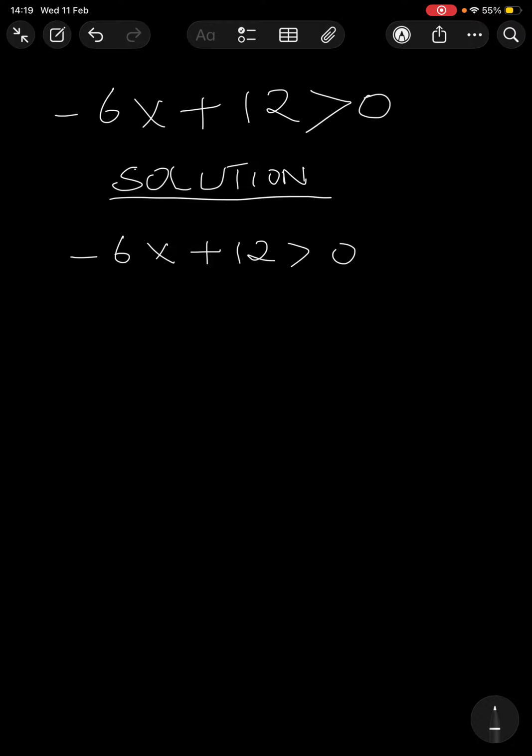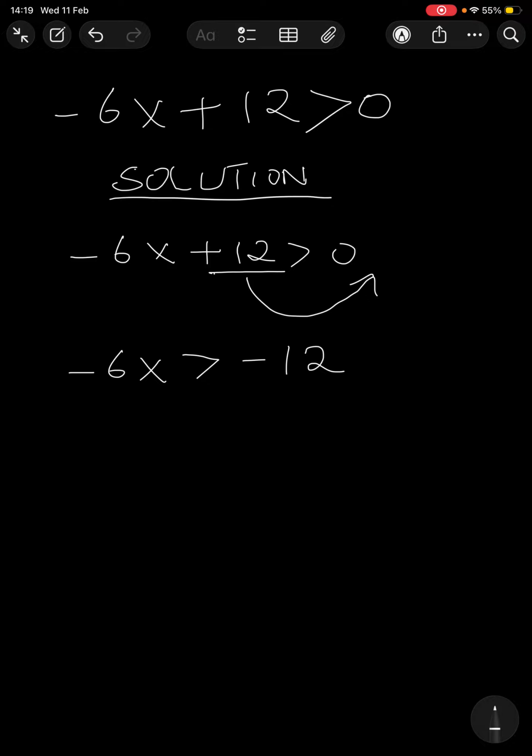So I have to take positive 12 to the other side, and it becomes minus 12. So you take negative 6x greater than negative 12.